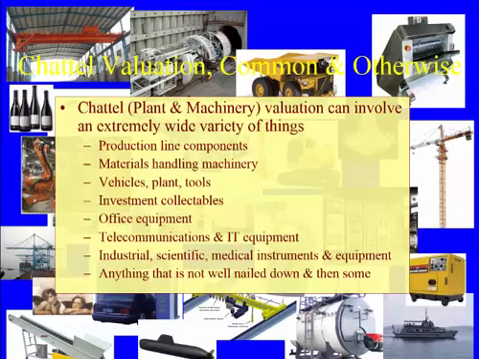We have the production line components and most of the equipment that you would likely to find inside a factory. So that would include plant and tools. There's also materials handling machinery. So that includes things like conveyor systems, hoists and cranes, trucks and other vehicles are important.